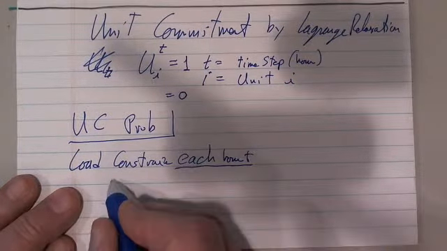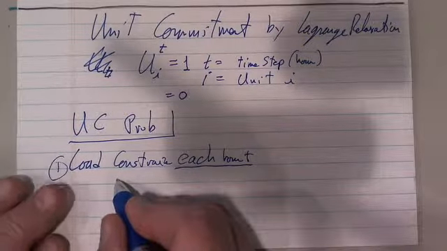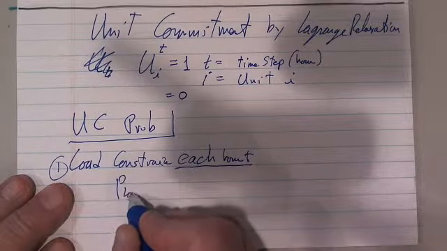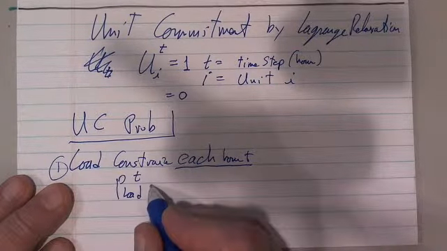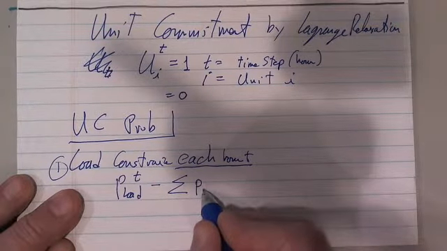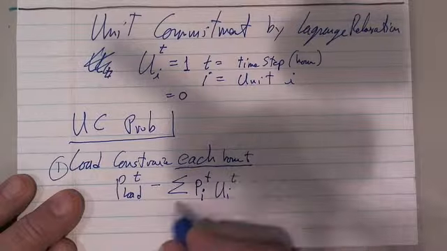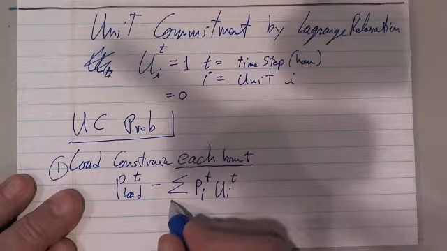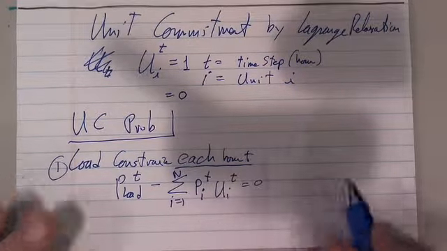That constraint, which we will call 1 right now, is P load of T minus the sum of Pi of T Ui of T, summed over the units i equals 1 to n, equals 0.